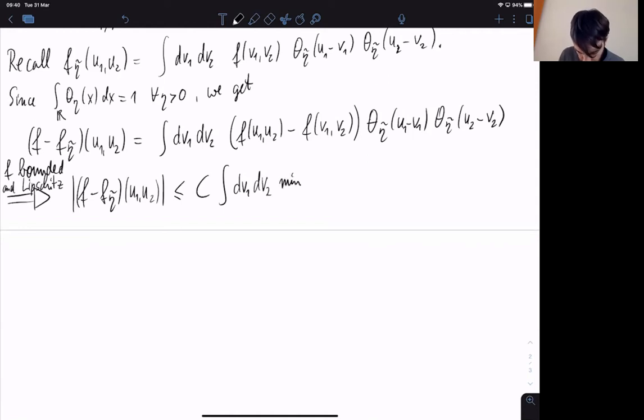If the difference between u1, u2 and v1, v2 is small, then I use the Lipschitz continuity. If it's big, I use the boundedness, and these kernels, the thetas, are anyway positive.